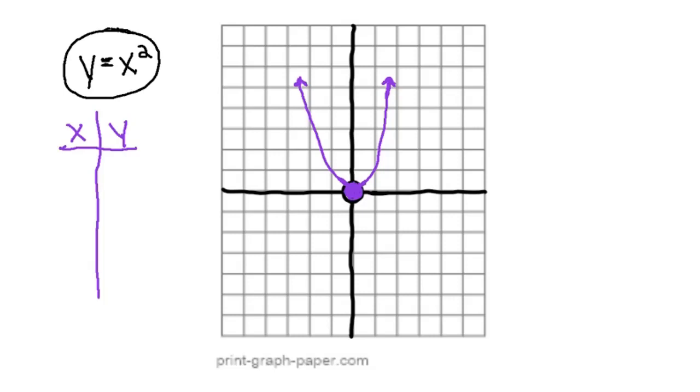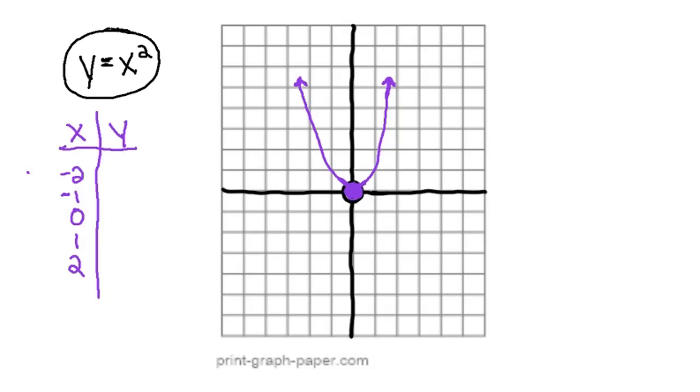So let's say we're going to plug in 5 values, and 0 is going to be the middle one. So this is going to be -1, -2, and this will be 1, 2. So we're just picking these values for x randomly.